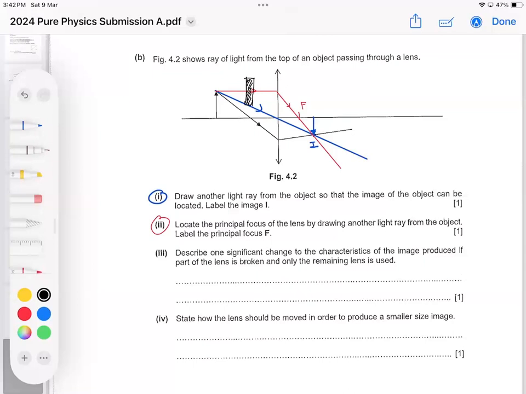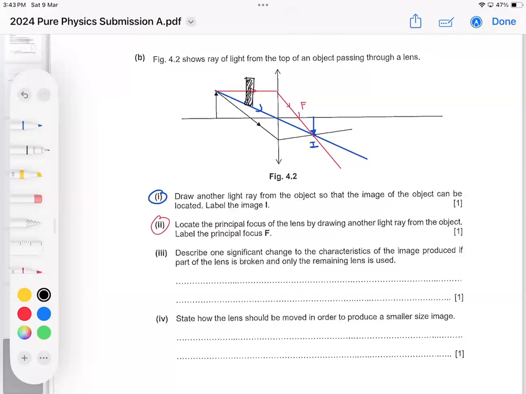Kaylee, what's the direct impact to the image? Opaque cardboard. The image can still be seen.